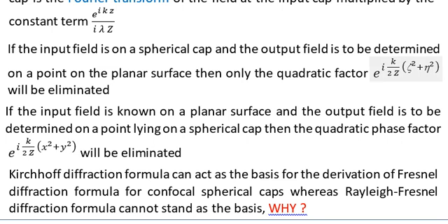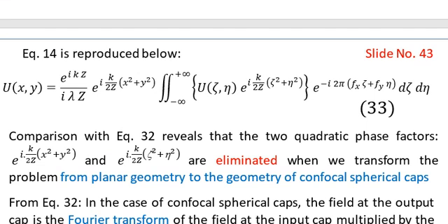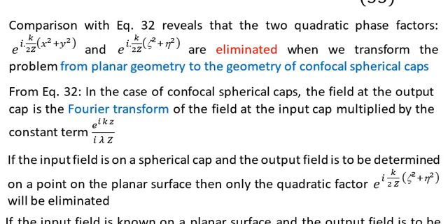So if we are using the input field on a spherical cap and the output on a planar surface, then in formula number 14, the quadratic phase factor related to the input, which is in this case the spherical cap, will be eliminated, but the quadratic phase factor at the output plane, in which we want to calculate the field, will stay there.